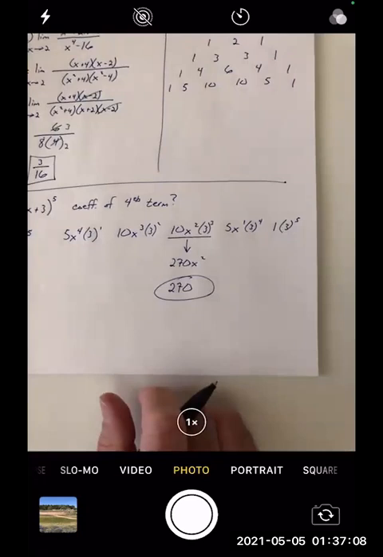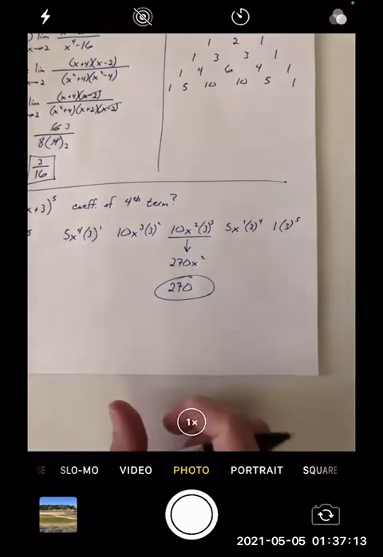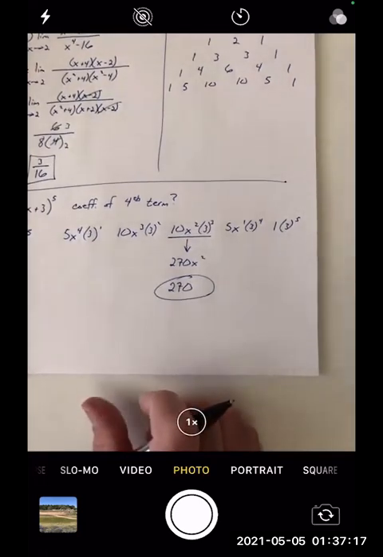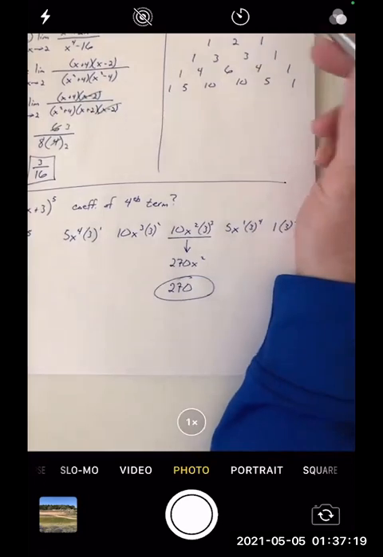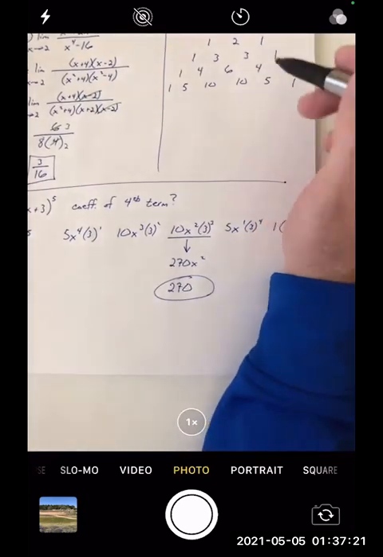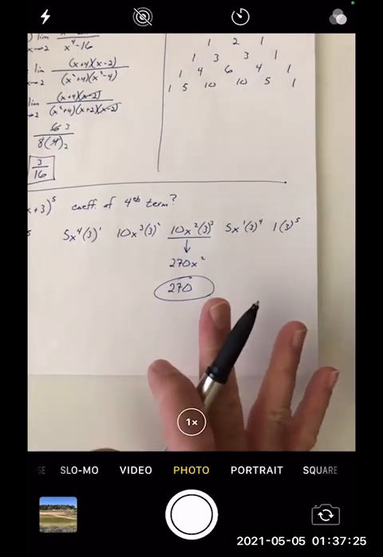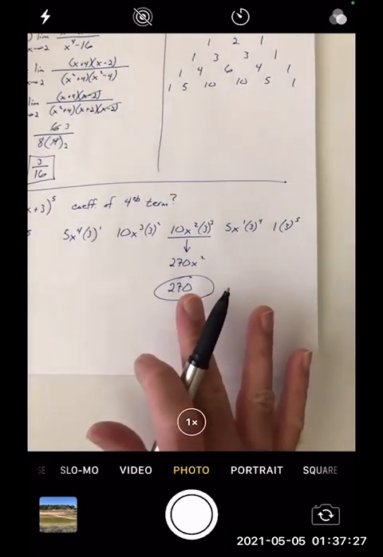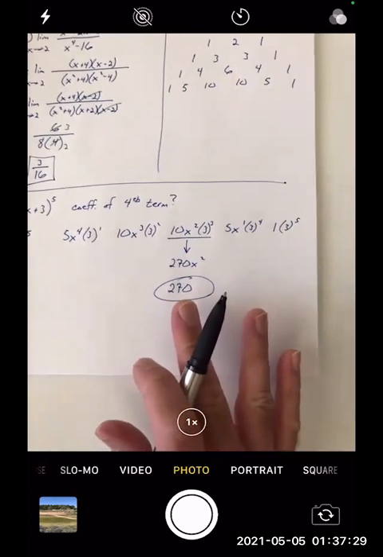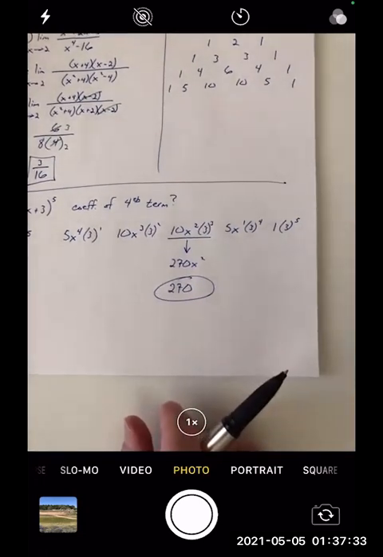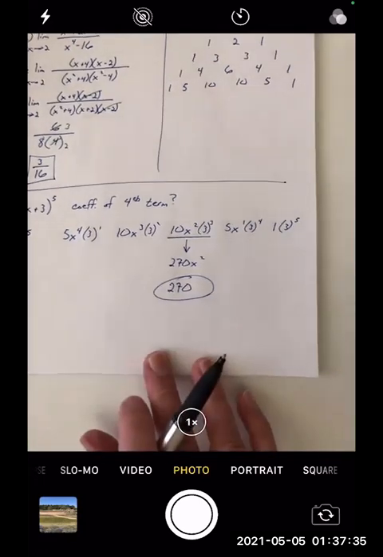But I think in the homework, it had us using the formula, which you can do, but I would just use Pascal's triangle. Unless, if you really like the formula, then totally use it. I'm not going to be specific about which way to go. Just use the one you like best. Yeah, Pascal seems like an easier route.